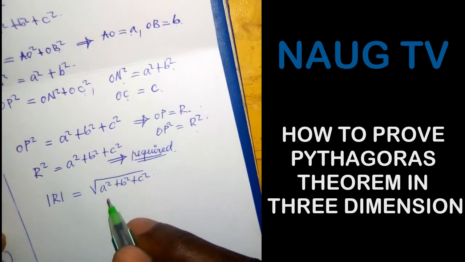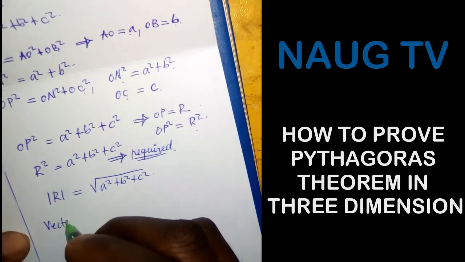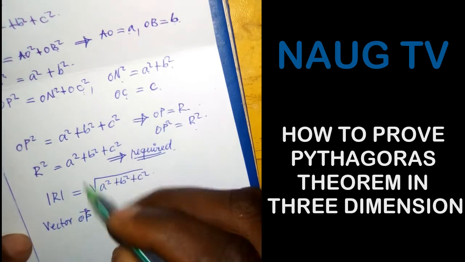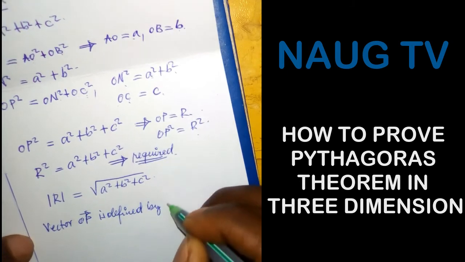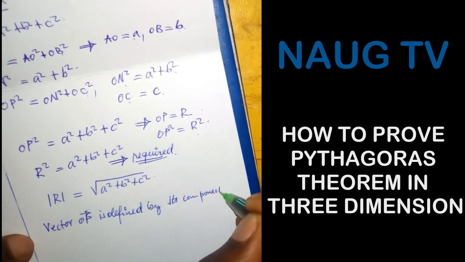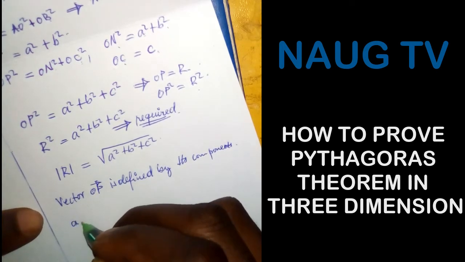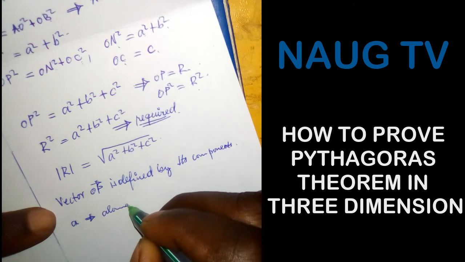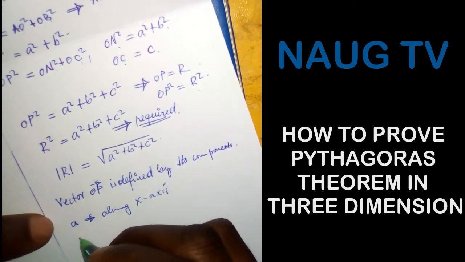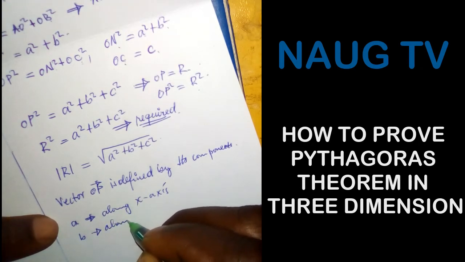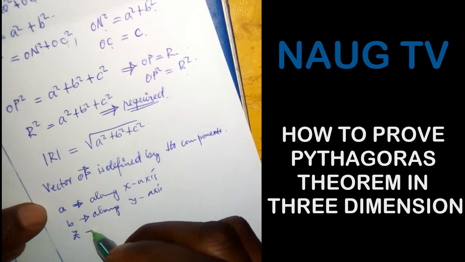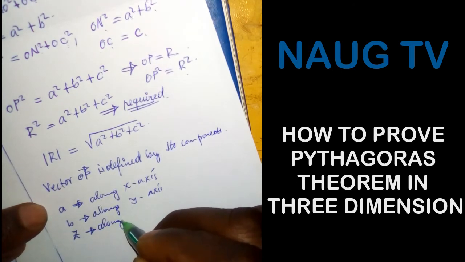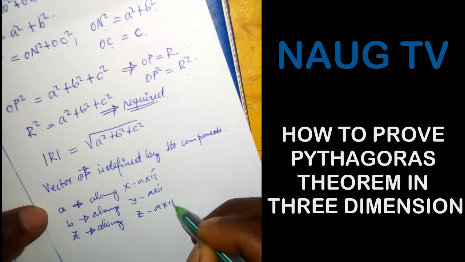So the vector OP is defined by its component A along the x-axis, B along the y-axis, C along the z-axis.